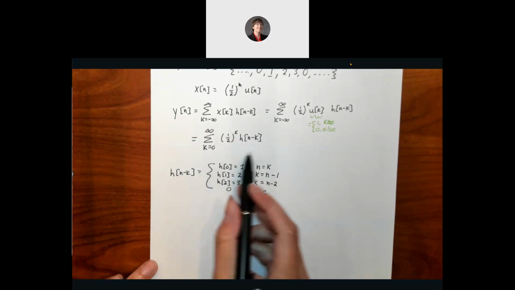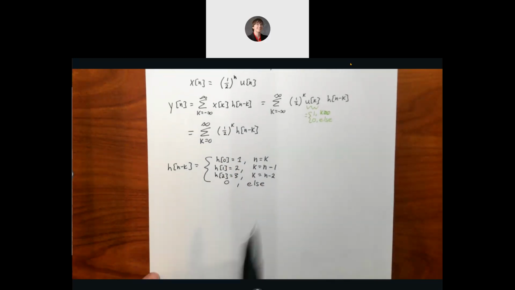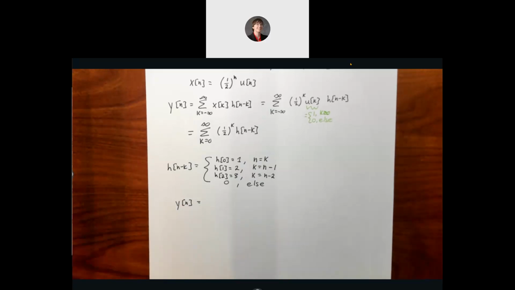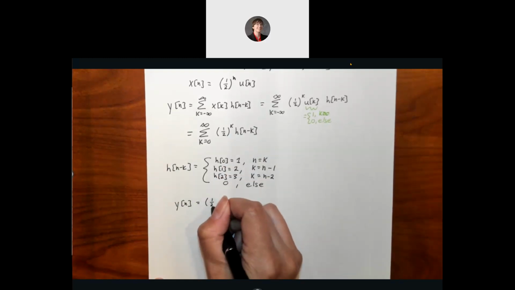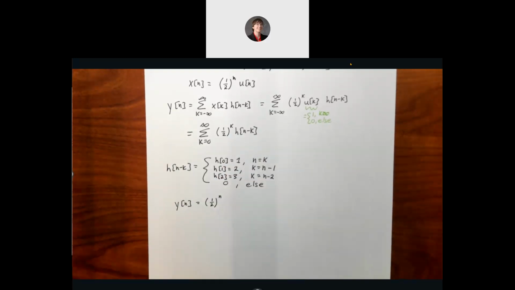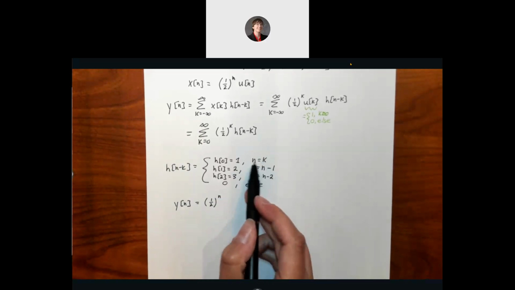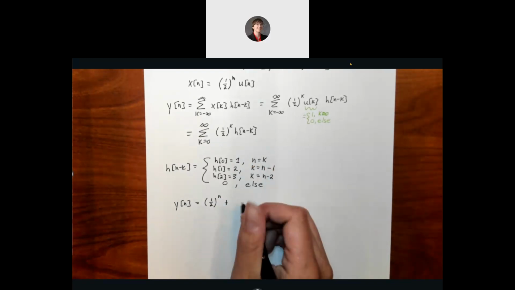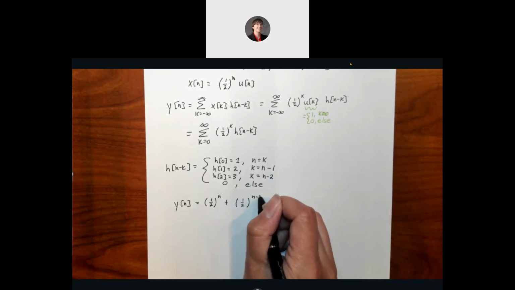All right, so what that means is that when we're looking at our summation here, we're going to have y of n equal to 1/2 to the n, because we have non-zero when k equals n, and when k equals n minus 1.